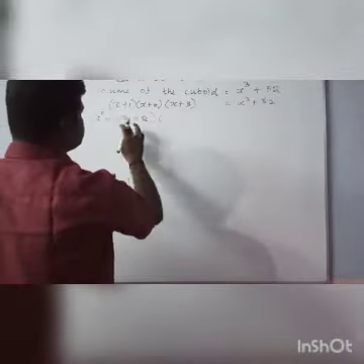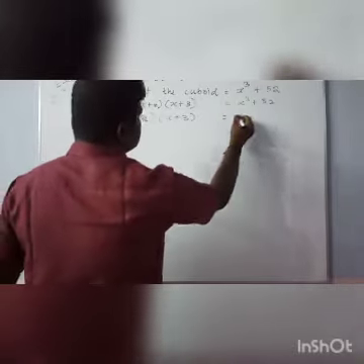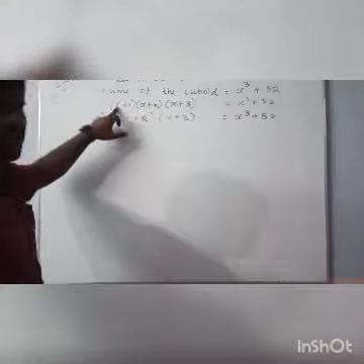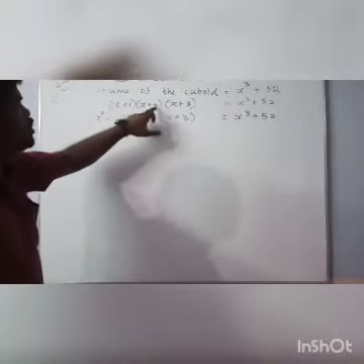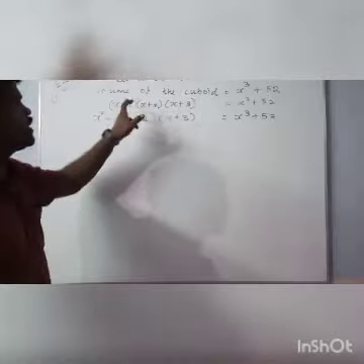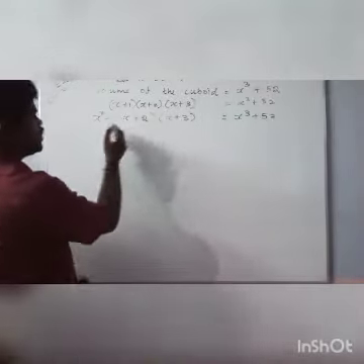Or otherwise you can multiply directly into x plus 3 equal to x cube plus 52. If we directly multiply x into x square plus 3x plus 2, now multiply these two terms.